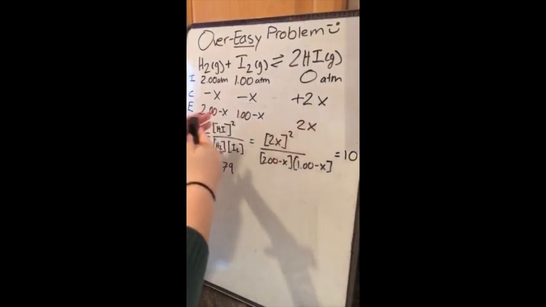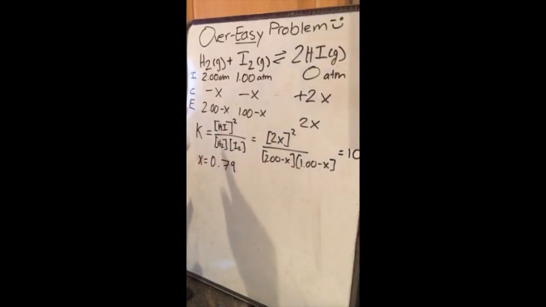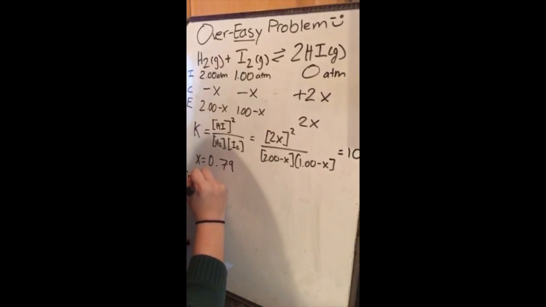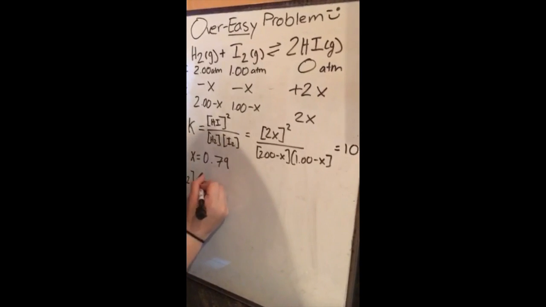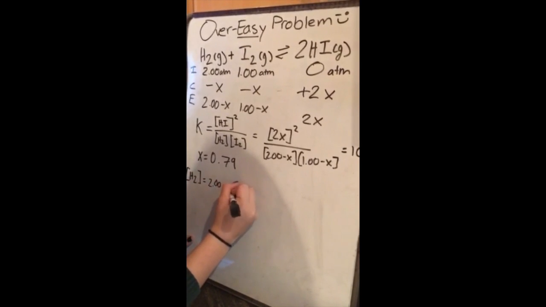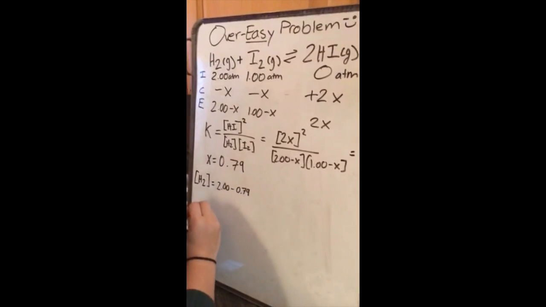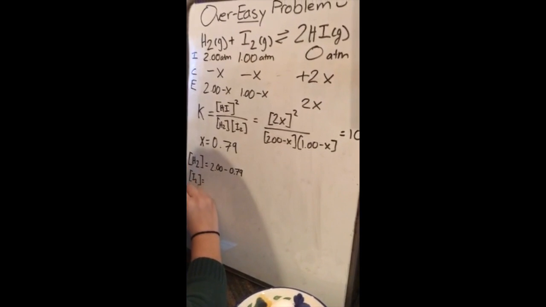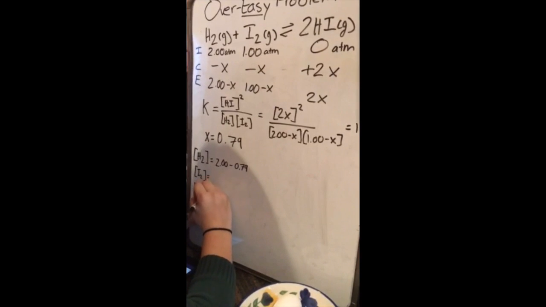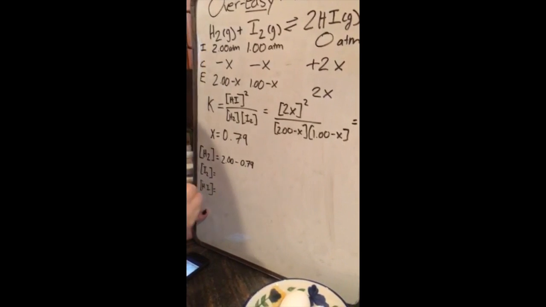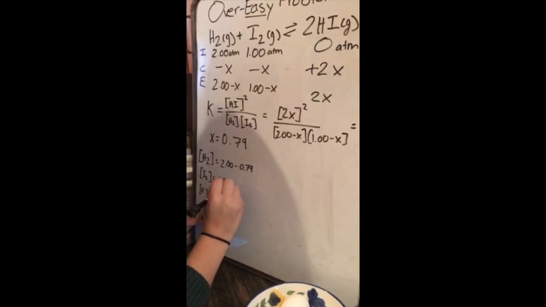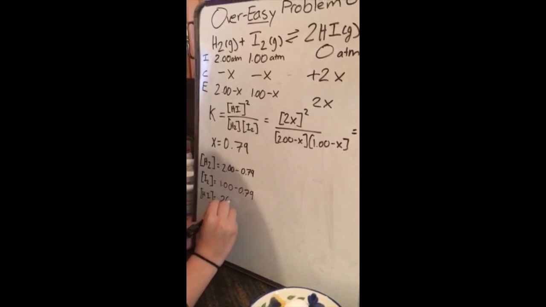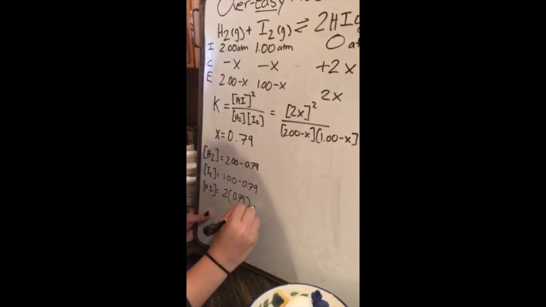And so to find these final equations, we'll plug them into each one. So we know the equation for H2 is going to be 2 minus 0.79, then I2, and then finally HI. We know the I2 is going to be 1 minus 0.79, and we know that HI is going to be 2 times 0.79.